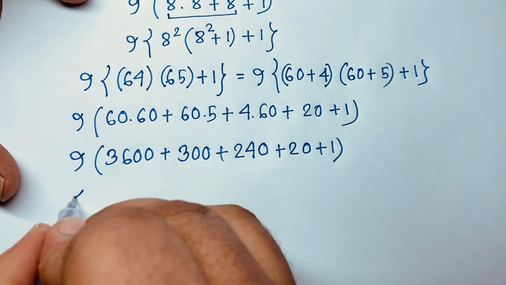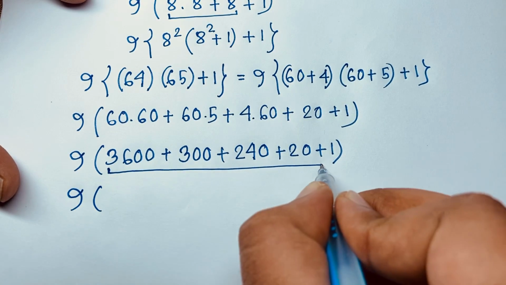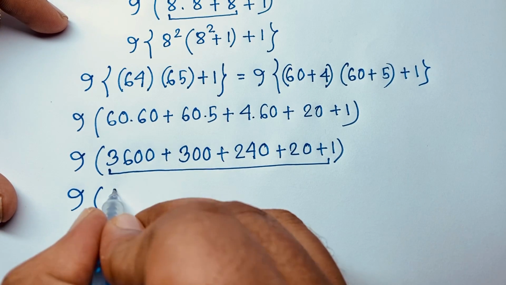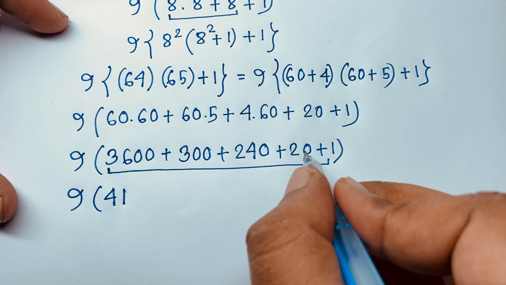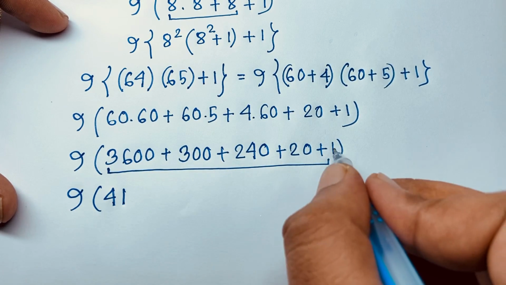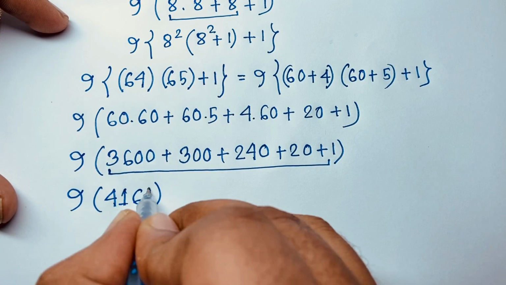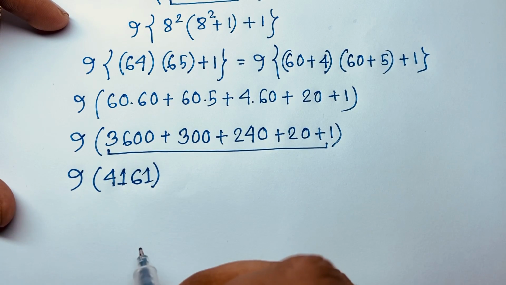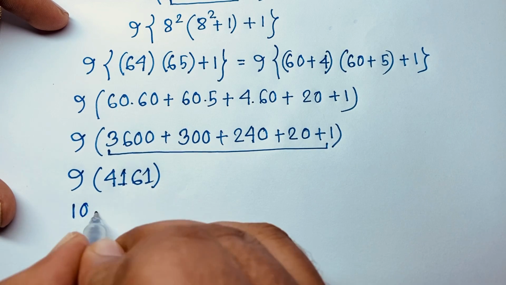Then if I add these values, we find it is 4160. If I add 20, we find that this plus this plus this plus this is 4160. Then if I add this 1, it is 4161. So we find it is 9 times 4161. Now what is this equal to? At this moment you can see 9 is 10 minus 1.